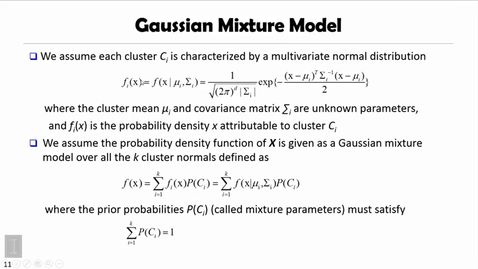Then we can represent it in parameter form with mu sub i and sigma sub i. For each of the k clusters, the parameters are mu sub i and sigma sub i. Okay. Then the prior probabilities P of C sub i, over all the k clusters added together, should be 1. So we call these the mixture parameters.